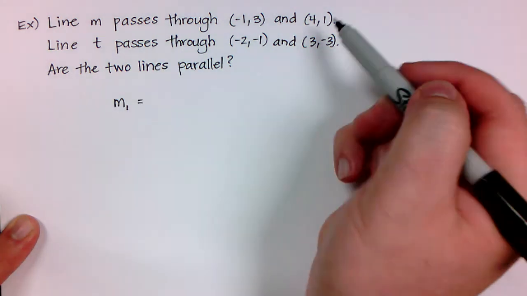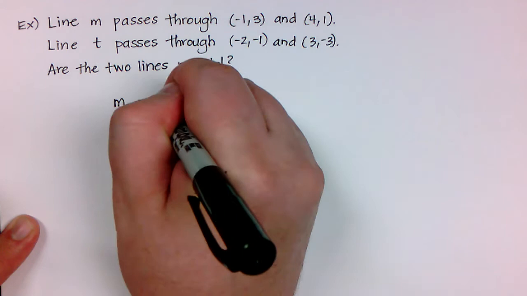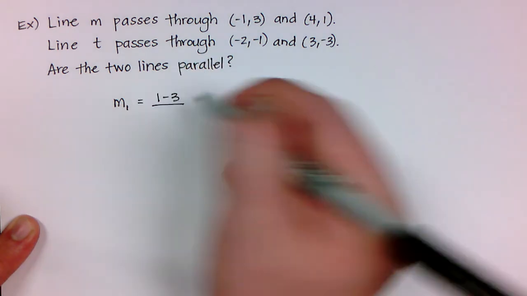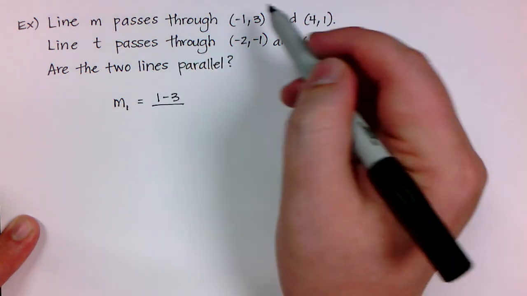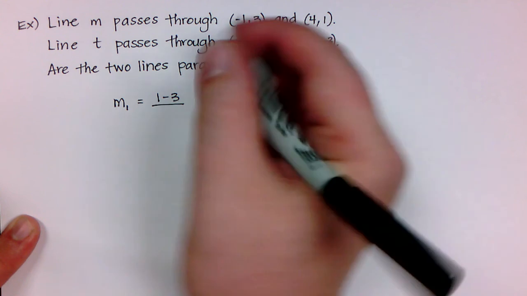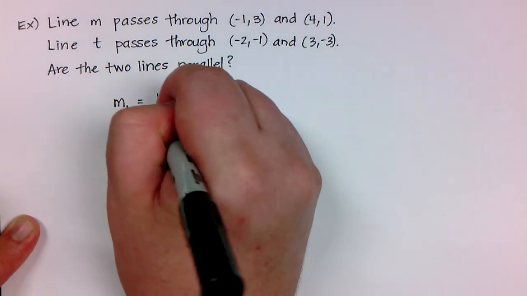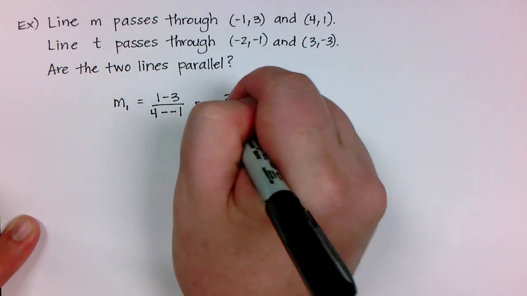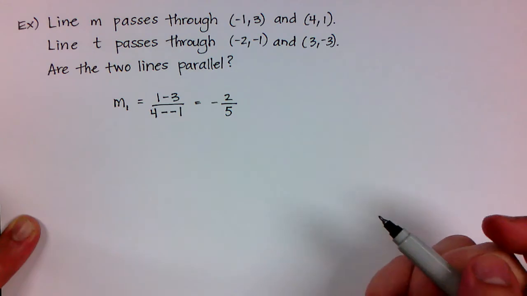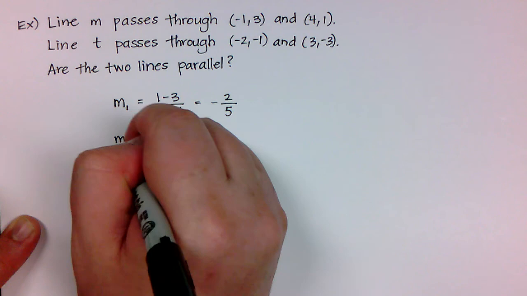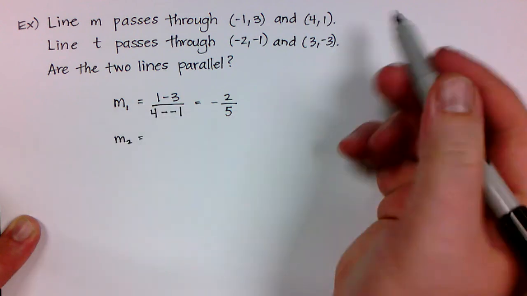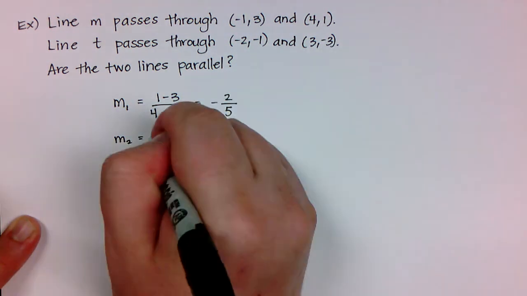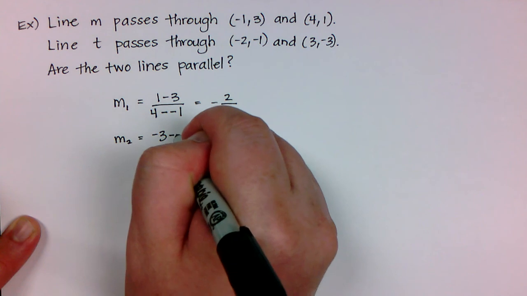And I'm going to calculate the change in the y's, so 1 minus 3, over the change in the x's, 4 minus negative 1. This is where you really need to be careful. 4 minus negative 1. That's negative 2 on top and 5 on the bottom. And then let's find the slope for line T. I'm going to call it M2. Negative 3 minus negative 1.